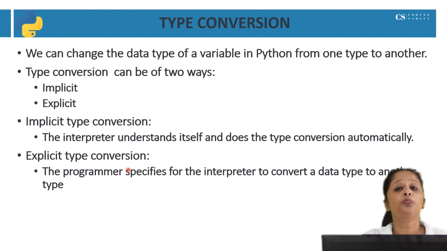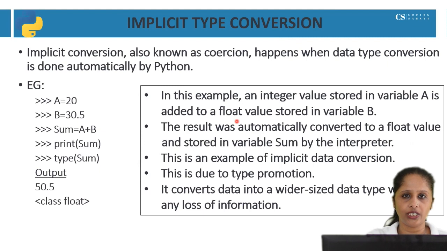Next we have explicit type conversion. This is a forced one, explicit. The programmer is forcing the interpreter to convert one data type to another data type. So let's see in detail what is implicit and explicit type conversion.